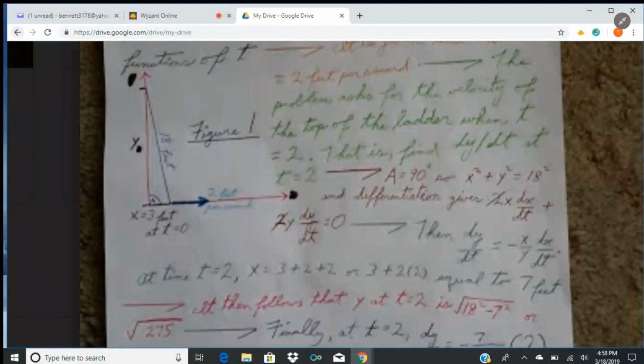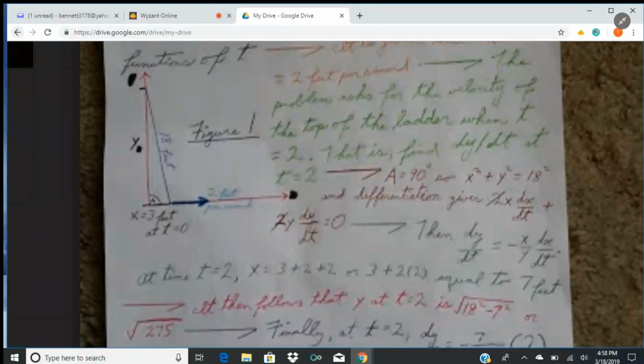Then, starting right here, dy over dt is negative x over y dx over dt. To get that, we just transposed negative x dx over dt. It was right here, on the left. Now it's over on the right.